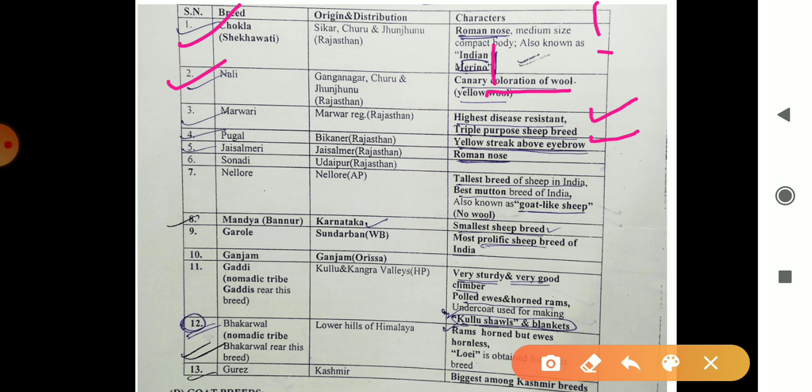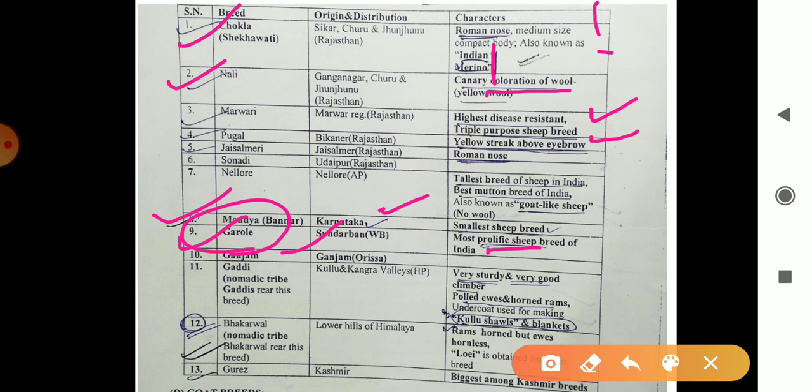Another important one, the smallest sheep is Mandya, from Karnataka. And the most prolific breed of sheep is Garole, G-R-O-L-E. Most prolific sheep means it gives the maximum number of fetuses. In our state, there is the Ganjam sheep.